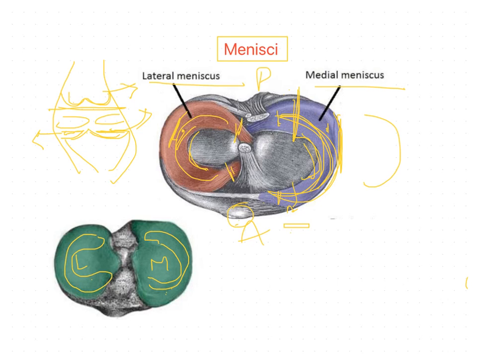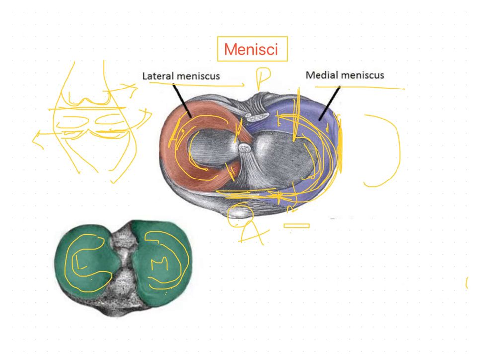The posterior fibers of the anterior end are continuous with the transverse ligament. Its peripheral margin is adherent to the deep part of the tibial collateral ligament. This is about the medial meniscus.